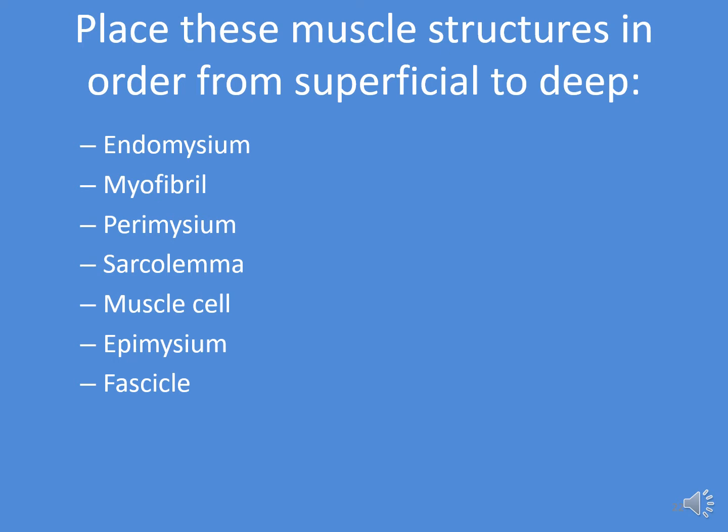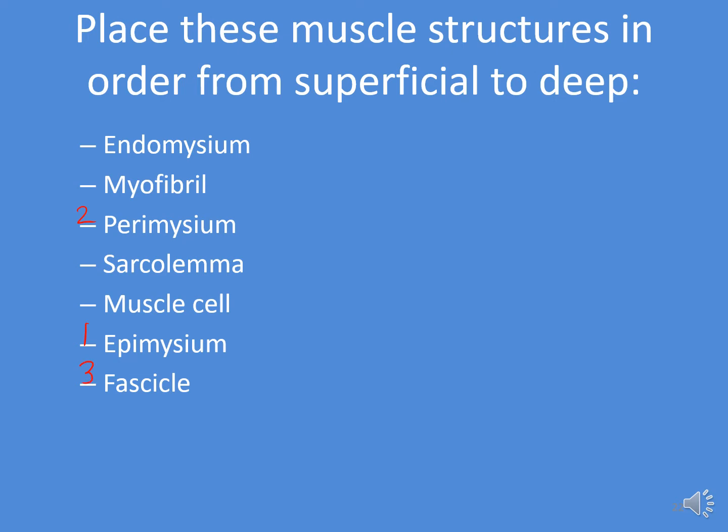Let's take a moment to take these words and place them in order from superficial to deep. The outermost covering is Epimysium, this term here. The Epimysium wraps around individual fascicles, which are covered by their own perimysium. So a perimysium wraps around a fascicle, which is a group of muscle cells.